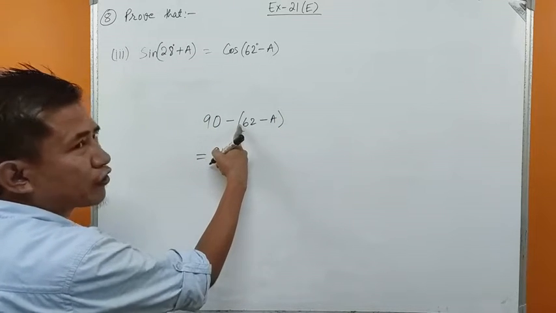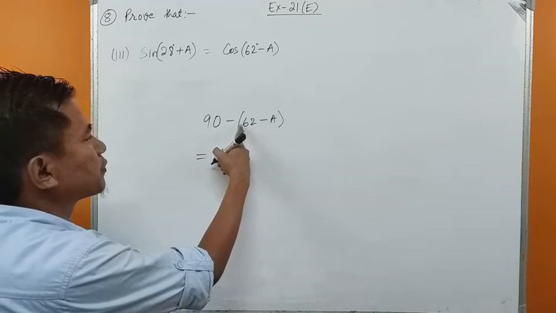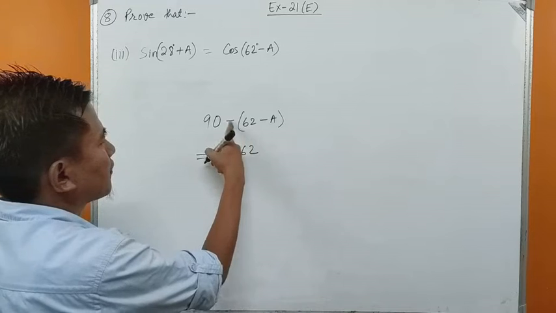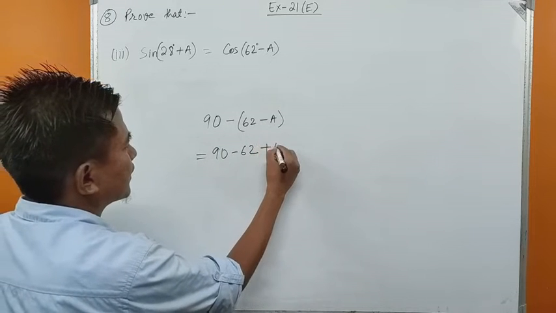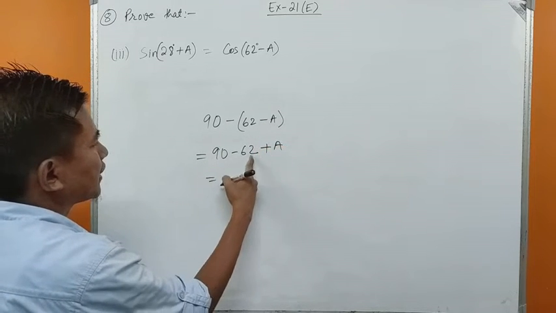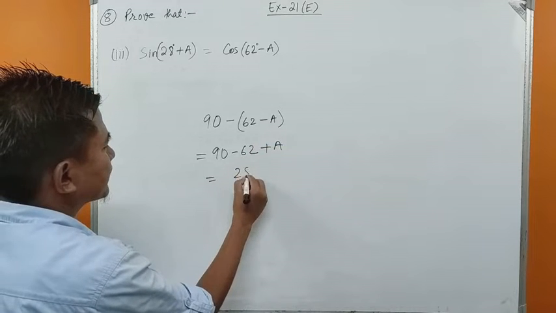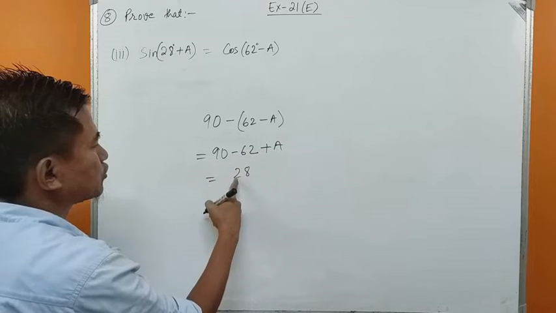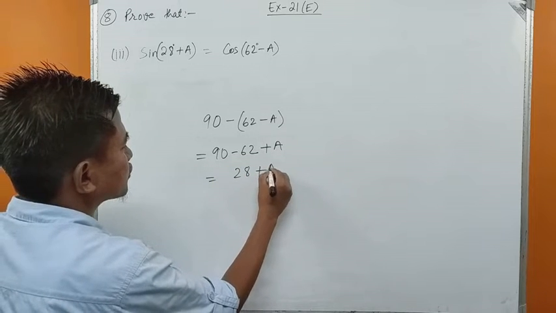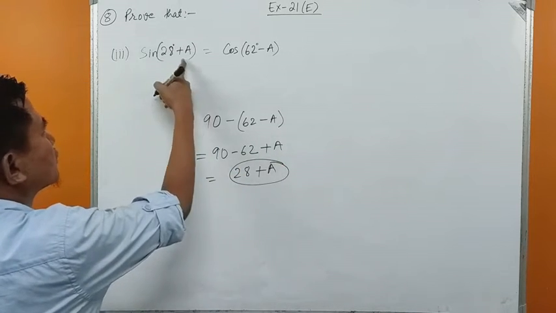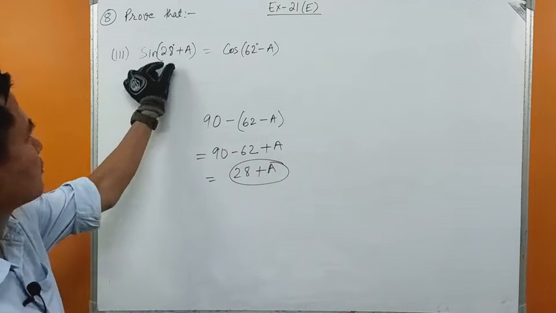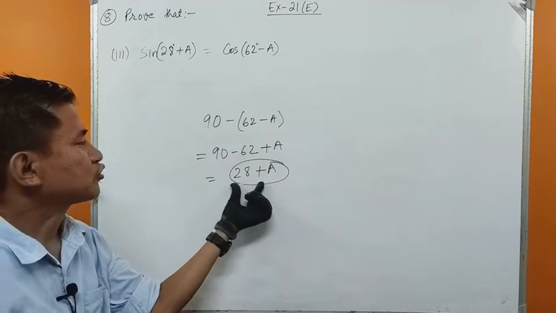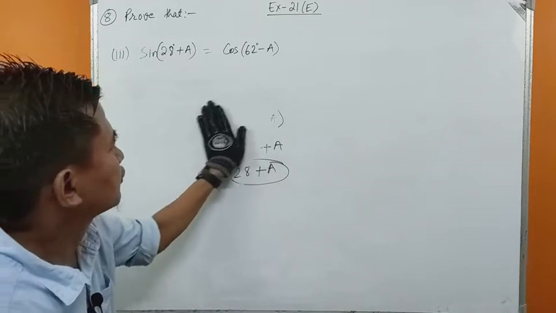There is no sign in front of 62, which means we must understand there is a plus sign. So minus into plus is minus 62, and minus into minus means plus a. 90 minus 62 is 28, isn't it? 10 minus 2 is 8, and 8 minus 6 is 2. So we get 28 plus a. After subtracting from 90, we must get this 28 plus a. I hope you got me.